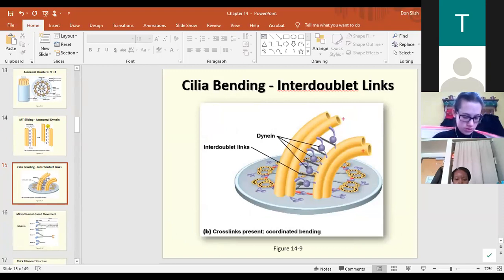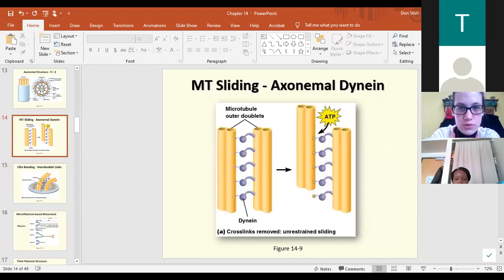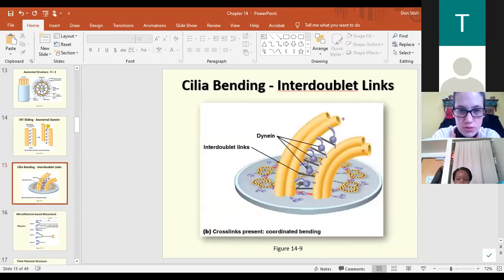You can imagine if you attach these 2 together and they do this, this one has to bend to stay with that one, and it goes back the other way. So that's what the interdoublet nexin link is doing. It's converting the sliding motion into the bending motion that allows the cilium to move.